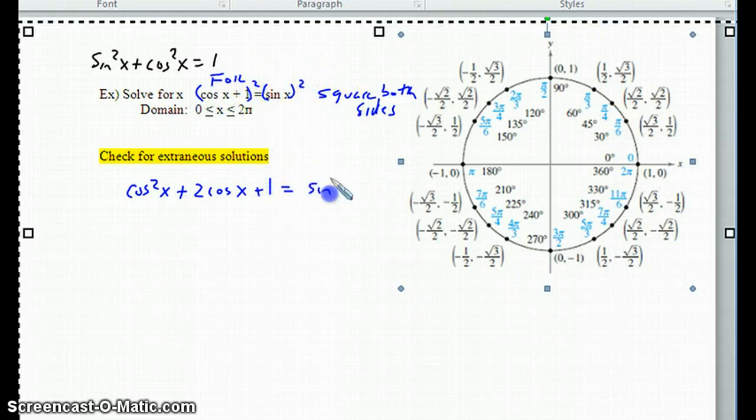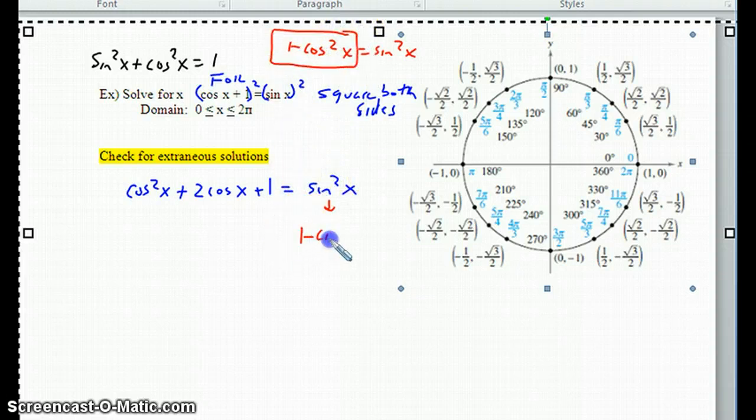This side just gives me sine squared x. Now what I can do is look at this and say cosine squared, cosine, and sine squared. I can change this using the Pythagorean identity that says that 1 minus the cosine squared of x is what sine squared is. So I'm going to change sine squared into 1 minus the cosine squared of x.